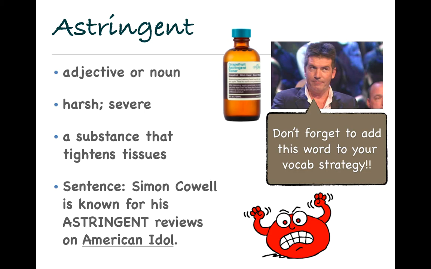However, you might also see this word being used as a noun because it also is a substance that tightens tissues. So it's an actual medical term for a substance that doctors might use to tighten tissues. So if you nick yourself, apply an astringent to stop the bleeding. In that sentence, it's used as a noun.